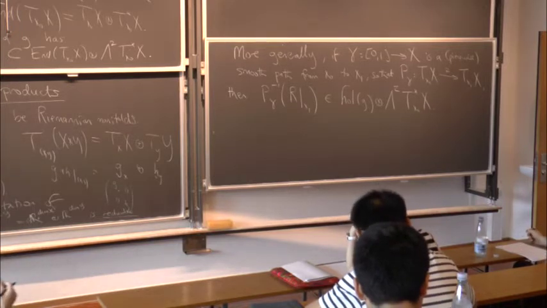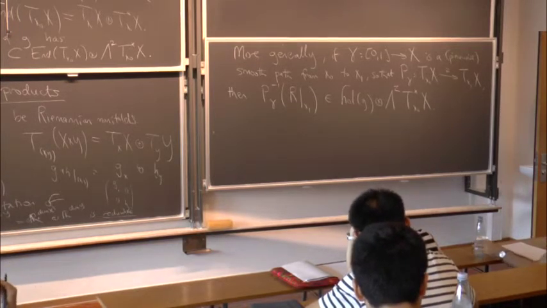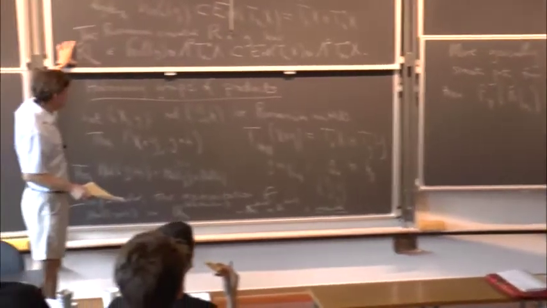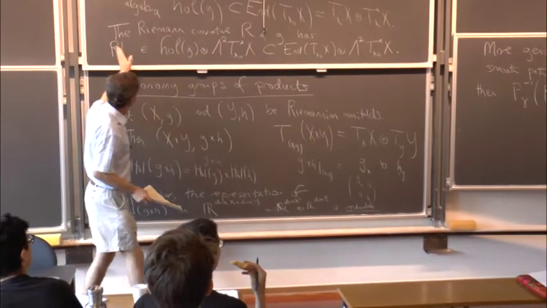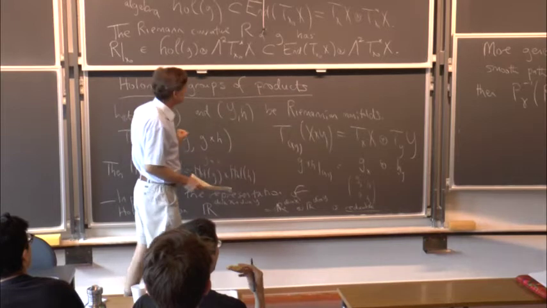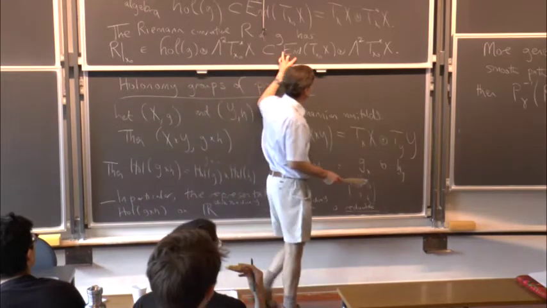At any other point, we can just take the curvature there, transport it back to x0 by parallel transport, and it will again lie in the same vector subspace of the place where the curvature tends to live.